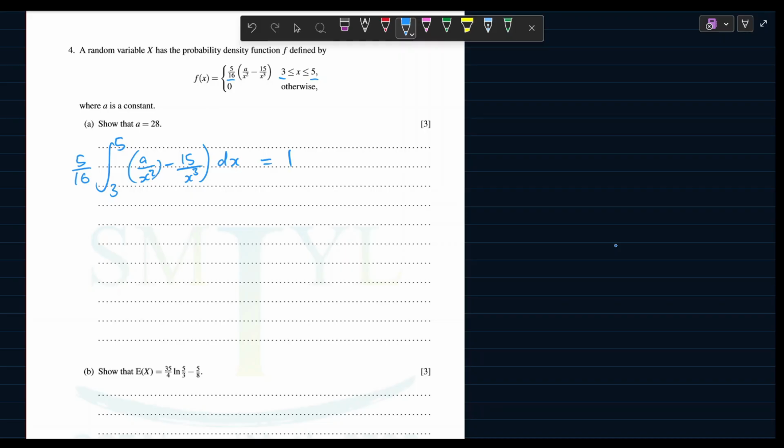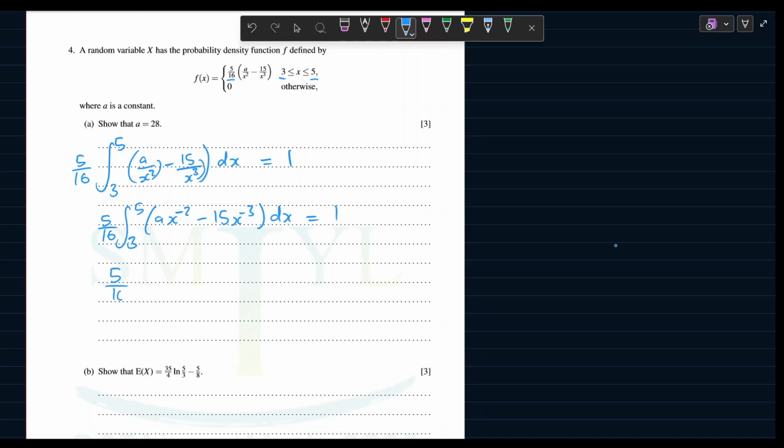So let's bring up our x squared and our x cubed so that we can integrate this. So that's 3 to 5, and now we've got ax to the negative 2 minus 15x to the negative 3, all with respect to x, and this must be 1.